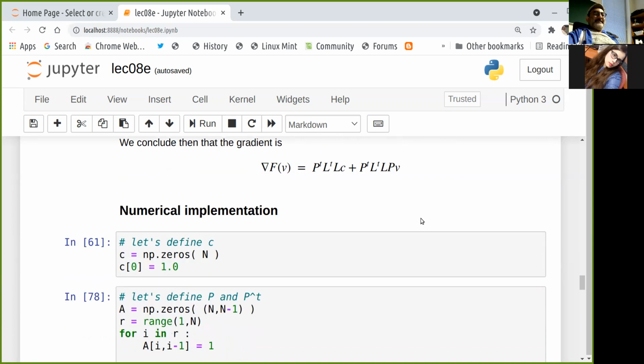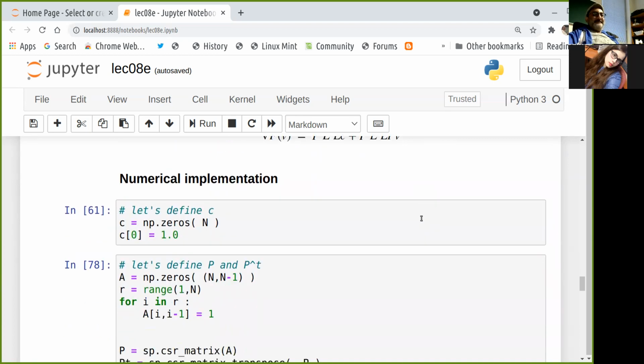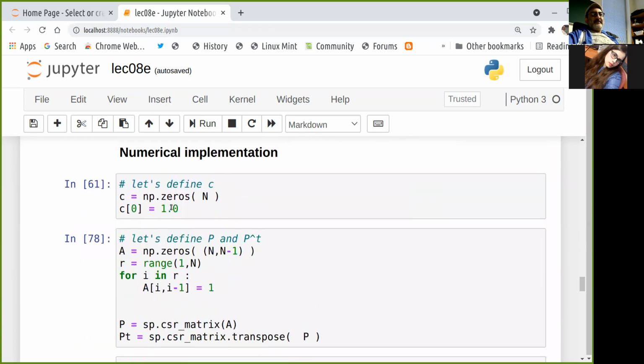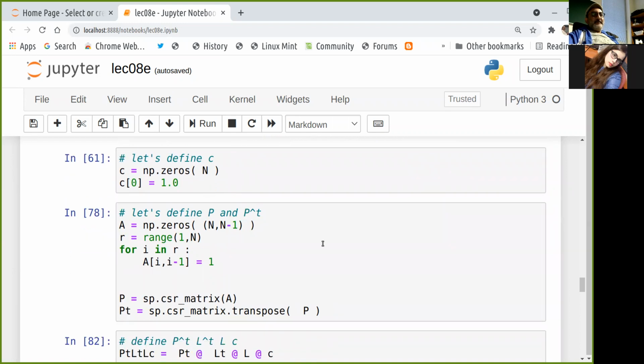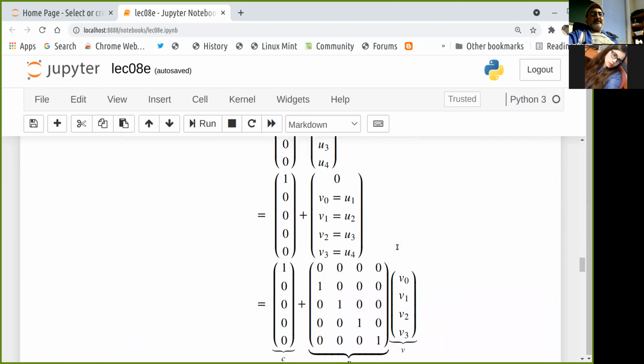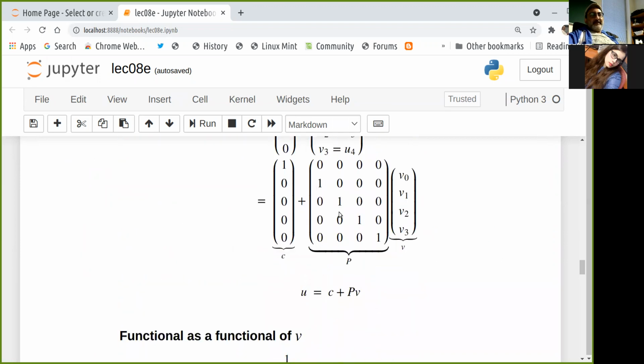All right. So let's define our c, which is all zeros except the first entry is 1. Our P, what was P? P was almost all zeros, except you've got these ones down here.